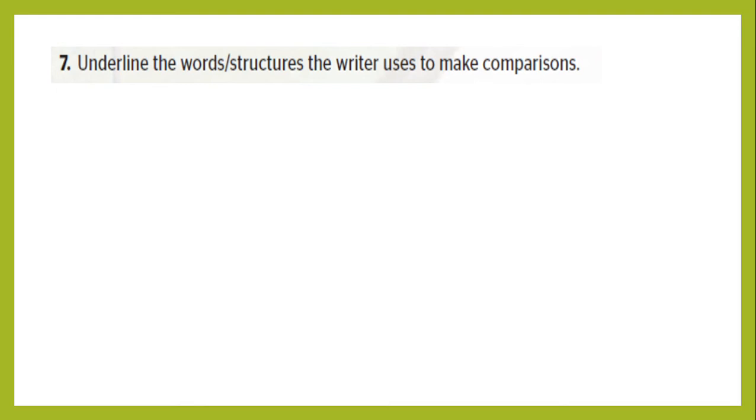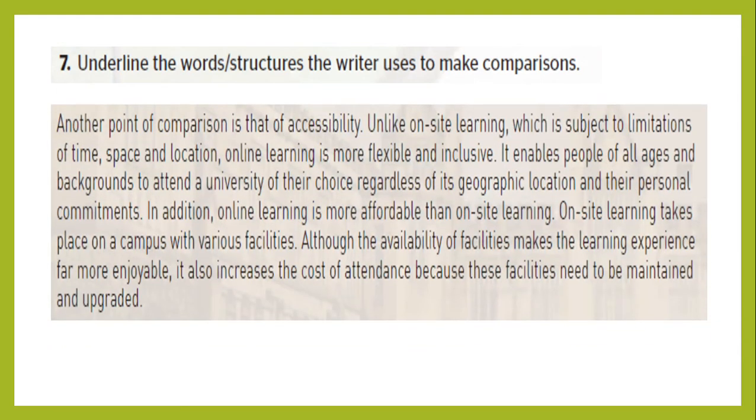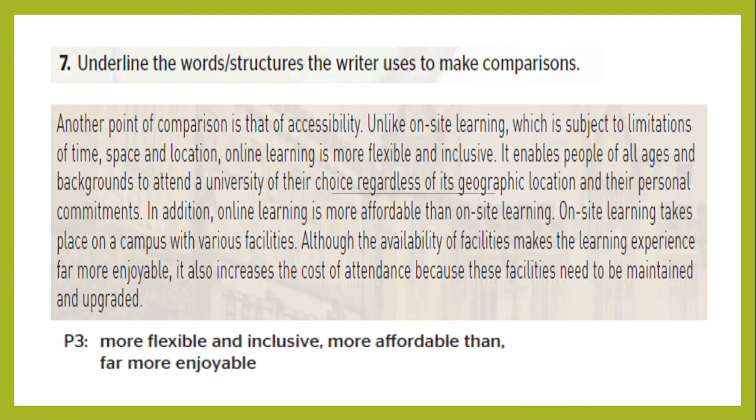Now, about paragraph 3, read paragraph 3 and underline the words and the structures that the writer used to make comparisons. Okay, you have more flexible in the second line, more affordable than in the fourth line, and at the fifth line you have more enjoyable.